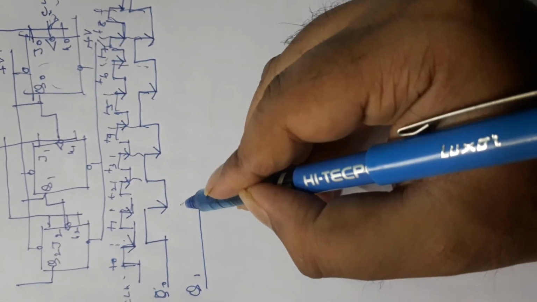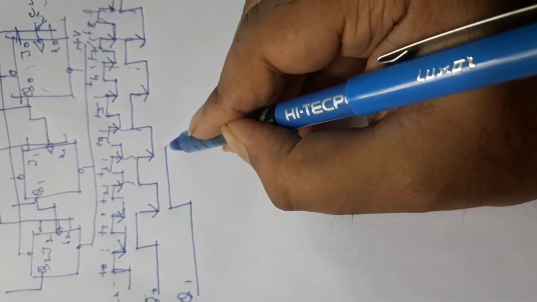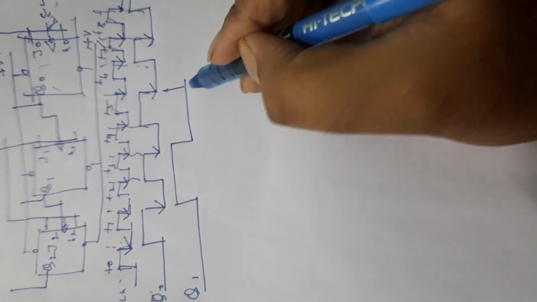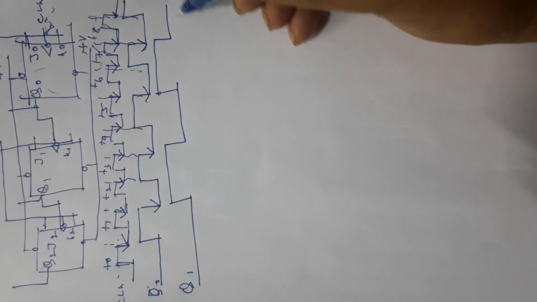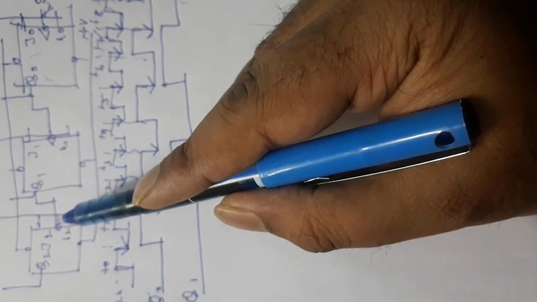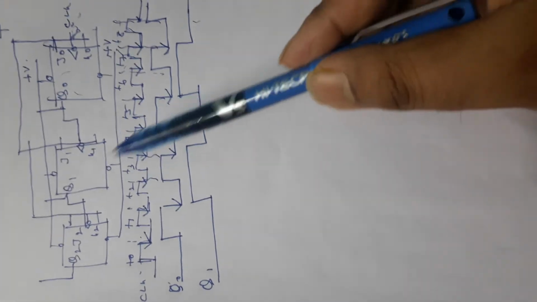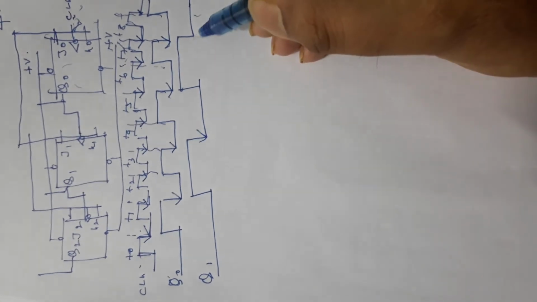So see, assuming low, whenever the negative edge comes, it becomes high. Whenever the next negative edge comes, it becomes low again, and high again, and this way it goes on. Now eventually this Q1 is acting as the clock to the next flip-flop, isn't it? So let us mark the negative edges of Q1 also.